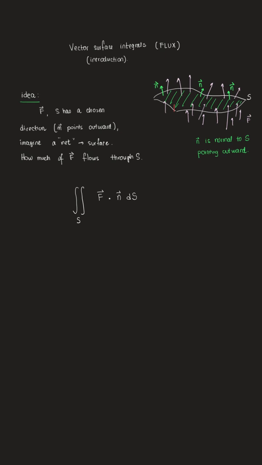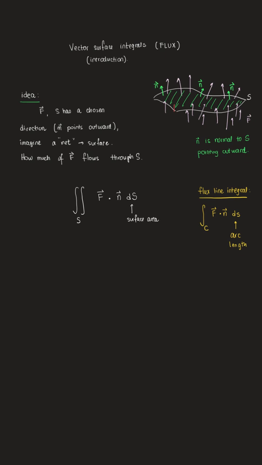So this hopefully reminds you of our flux line integral. Recall that our flux line integral looks very, very similar. The flux line integral is an integral over a curve of our vector field dotted with the normal to the curve, and then we have a little arc length element. So this is arc length, and this is a surface area element.